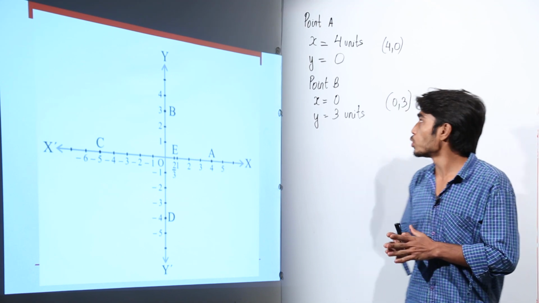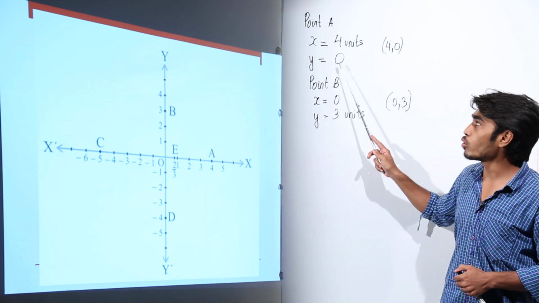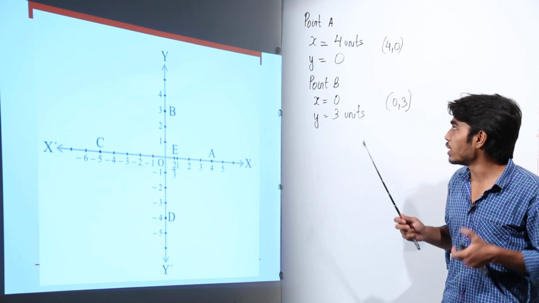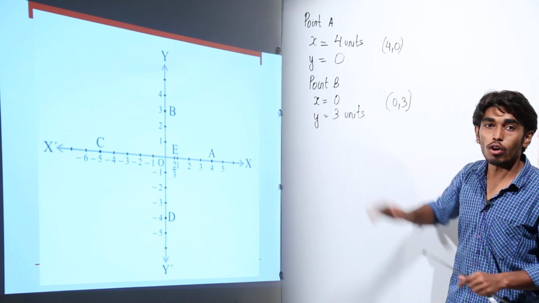So students, we were talking that whenever we want to mention a point on the x-axis, the y coordinate would always be 0, and whenever we have to mention a point on the y-axis, the x coordinate would always be 0.